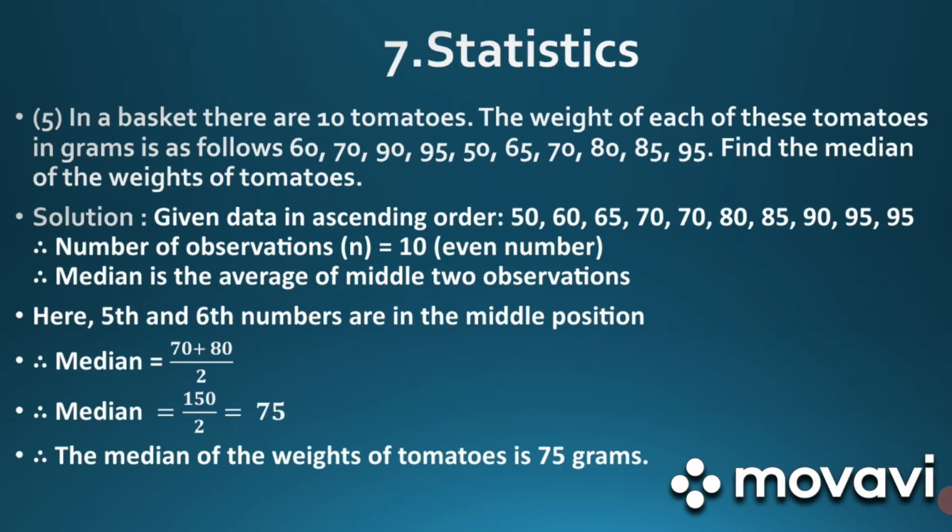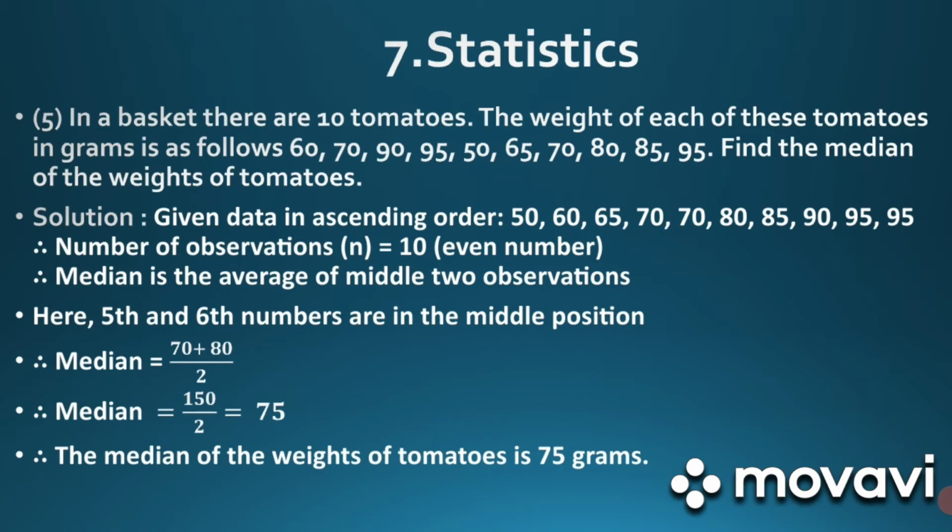Solution: arranging the given data in ascending order, we get 50, 60, 65, 70, 70, 80, 85, 90, 95 and 95. Therefore, the number of observations small n is equal to 10, which is an even number. Therefore, median is the average of the middle two observations.